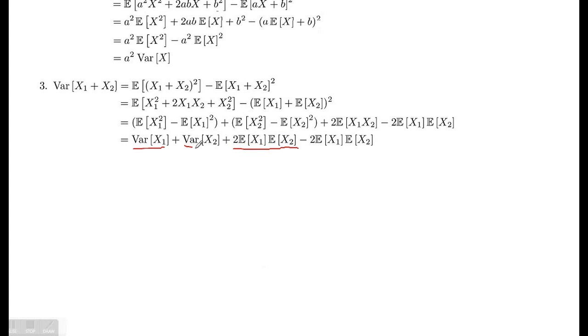And here the first two terms, I basically just plugged in the variance of x1, because what we said is that this is exactly the definition of the variance of x1. And what you can already see is that those last two terms cancel out, and we are left with the variance of x1 plus the variance of x2, which is what we want to prove.